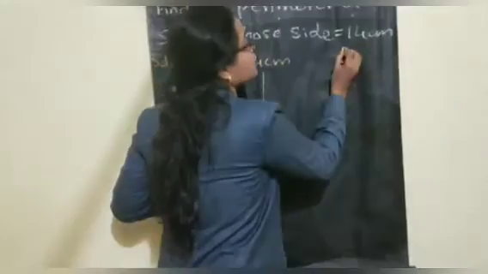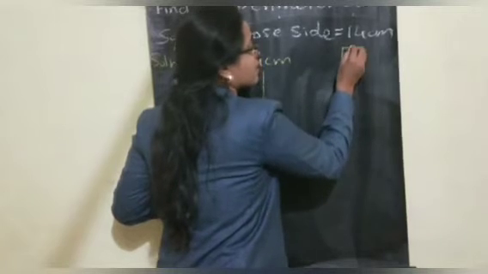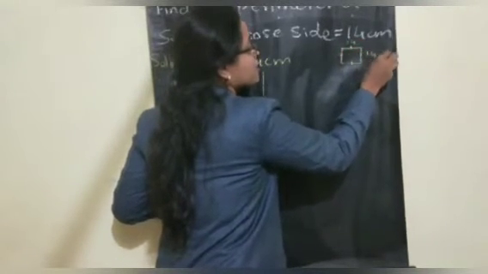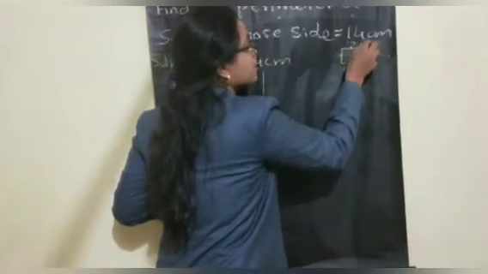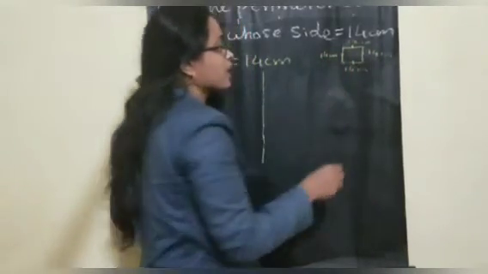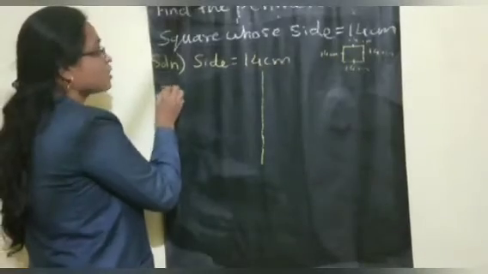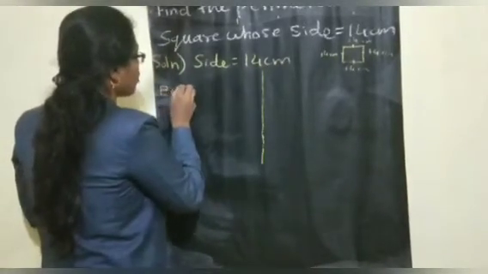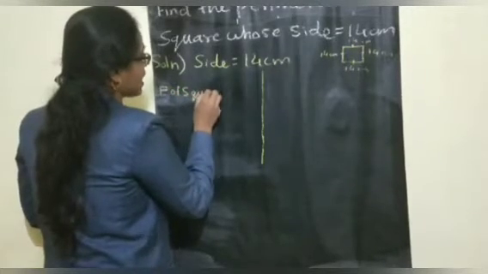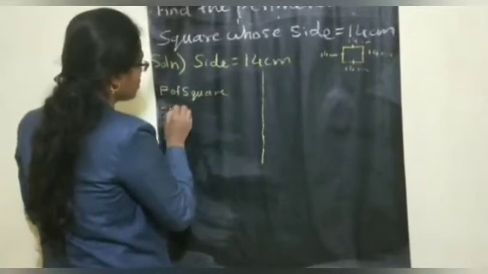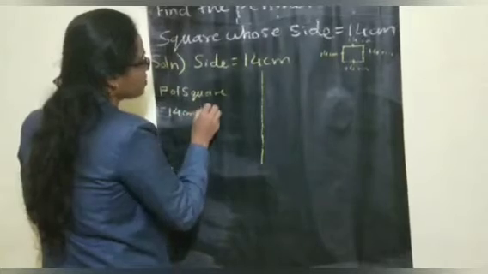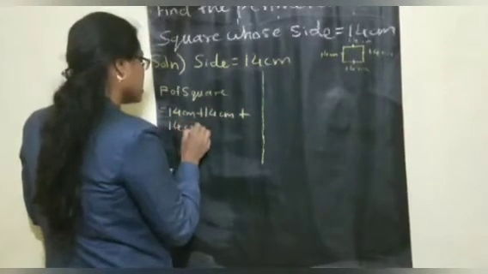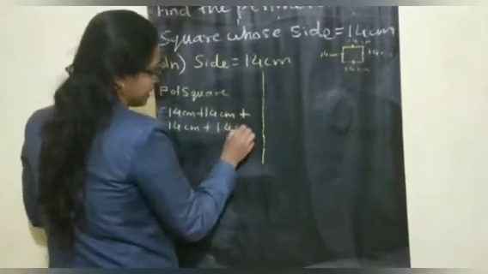First, just draw your square and, 1, 2, 3, 4, everywhere you can write 14 centimeter, 14 centimeter, 14 centimeter. Okay, and this 14 centimeter you have to add 4 times. So perimeter of a square is equal to 14 centimeter plus 14 centimeter plus 14 centimeter plus 14 centimeter.